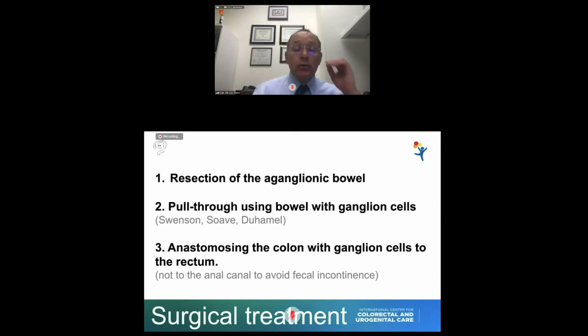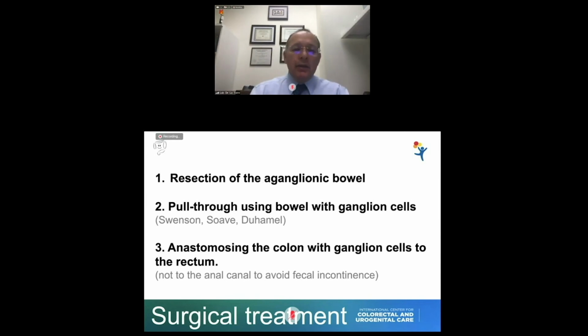And a primary pull-through demands a complete group of providers with experience in radiology, in pathology, which is extremely important, is mandatory because we need to confirm the presence of ganglion cells during an operation. So the primary pull-through is really important today, but requires working in a place with a good human infrastructure.